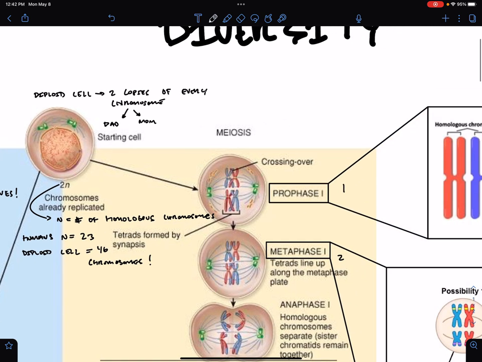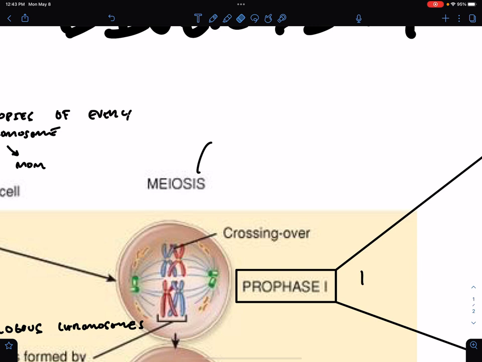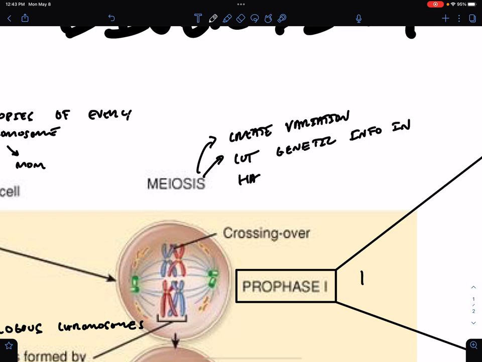Okay, the goal of meiosis is twofold. We want to create variation, and we also want to cut genetic info in half.